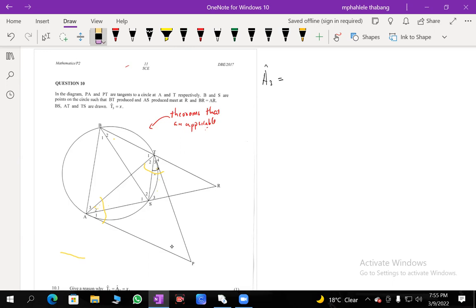We will just disregard these ones. Angle A3, which angle?